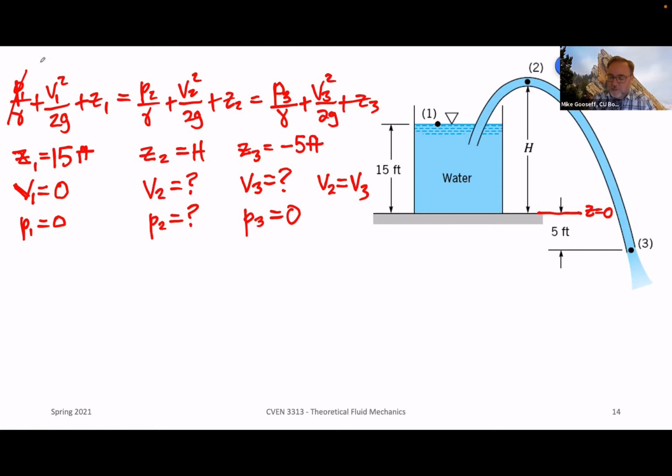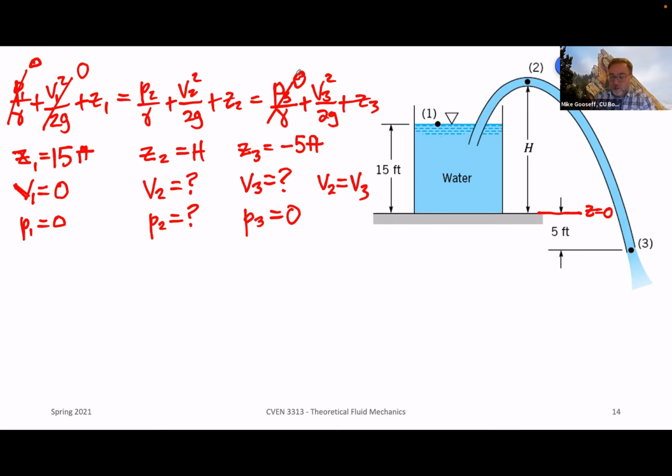So that one goes to 0. This one goes to 0. At 2, nothing really goes to 0. And then at 3, we know Z3, and P3 goes to 0. So we've simplified it a little bit. We started with 9, and now we're down to 6.